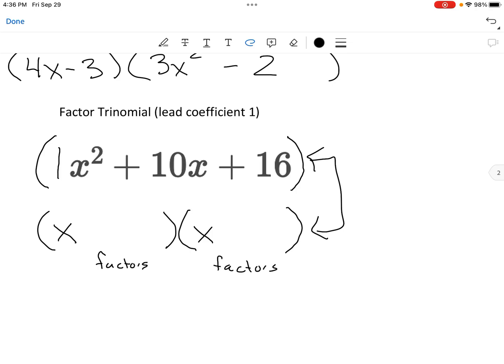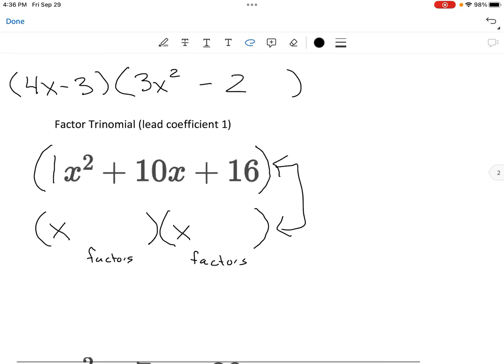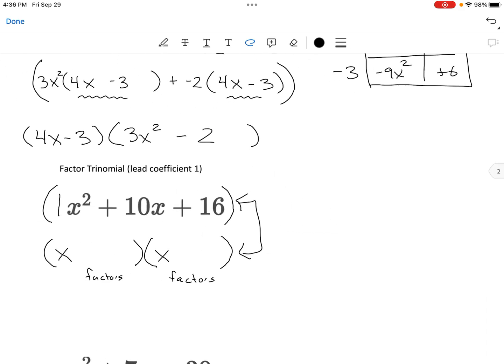Now the way we can do this is we can sometimes just make a little shopping list. We need 2 numbers that when you multiply them will give you this third value here, which is the plus 16.